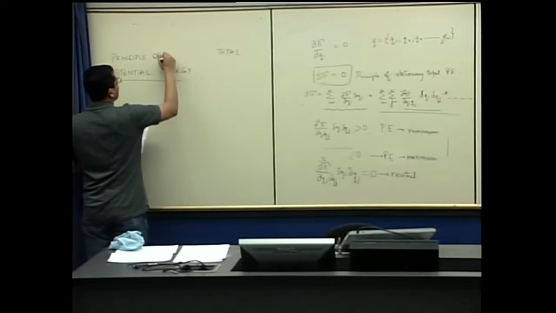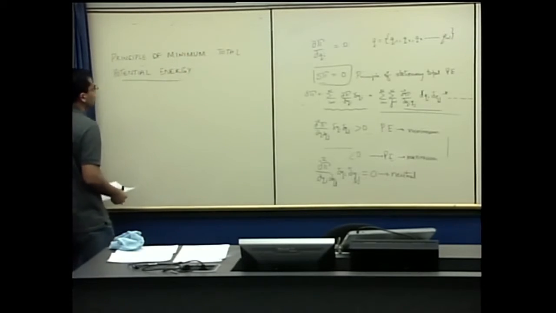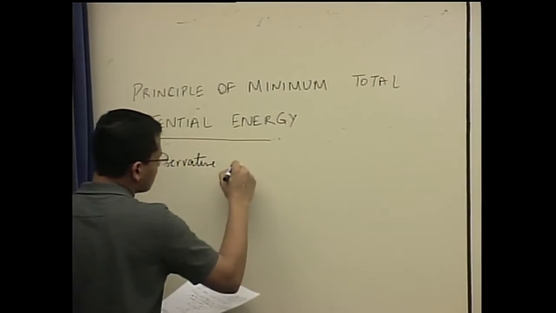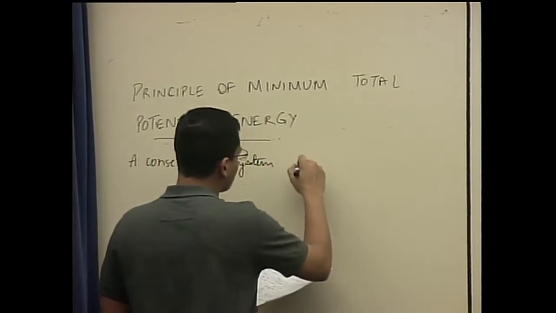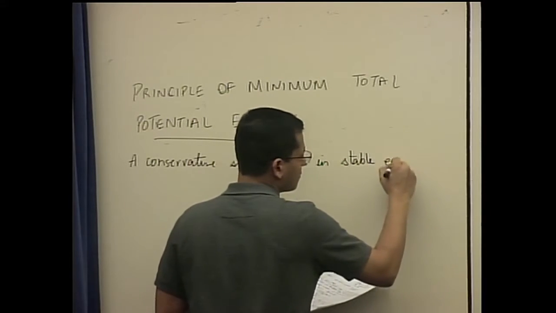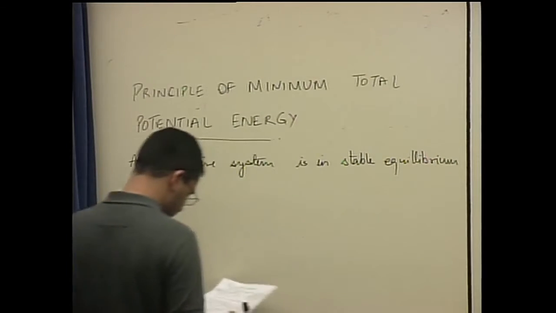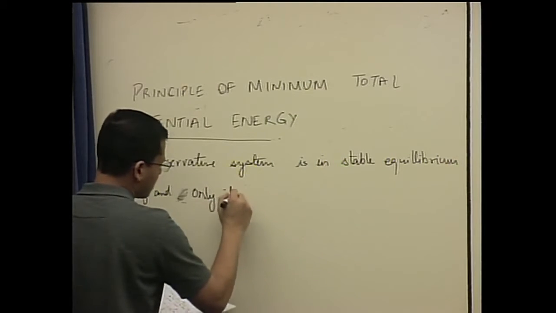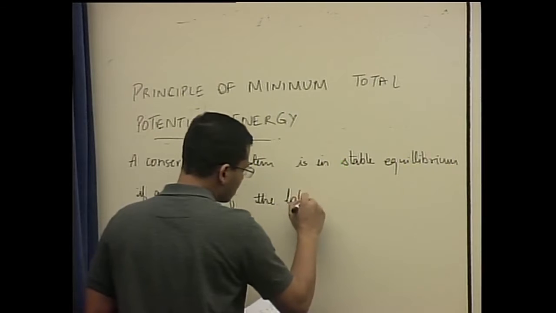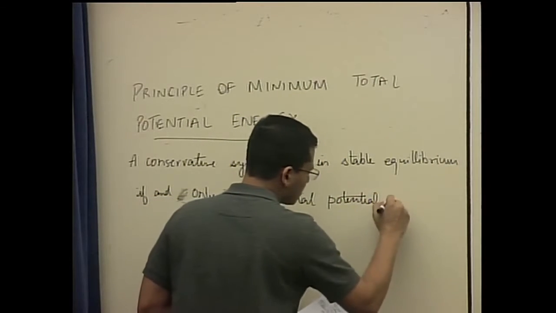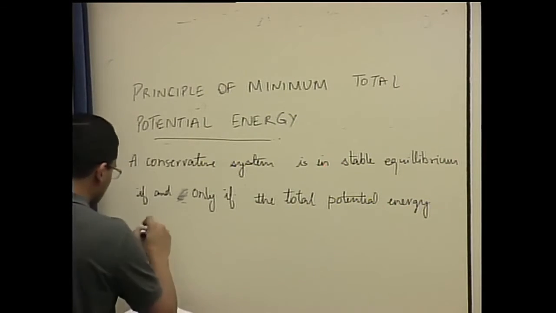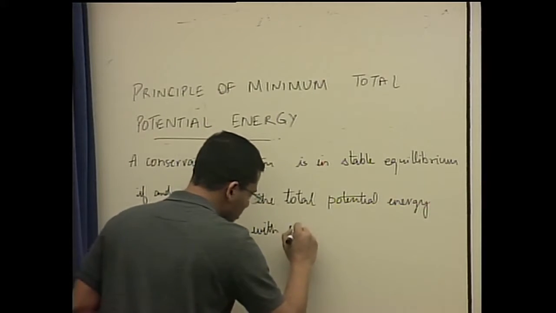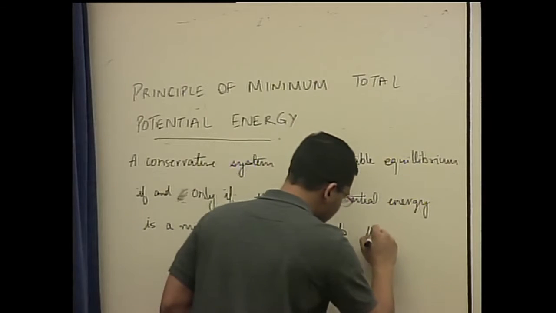So with what we did, we can define the principle of minimum total potential energy, which states that a conservative system is in stable equilibrium if and only if the total potential energy is a minimum with respect to the changes in generalized coordinates.